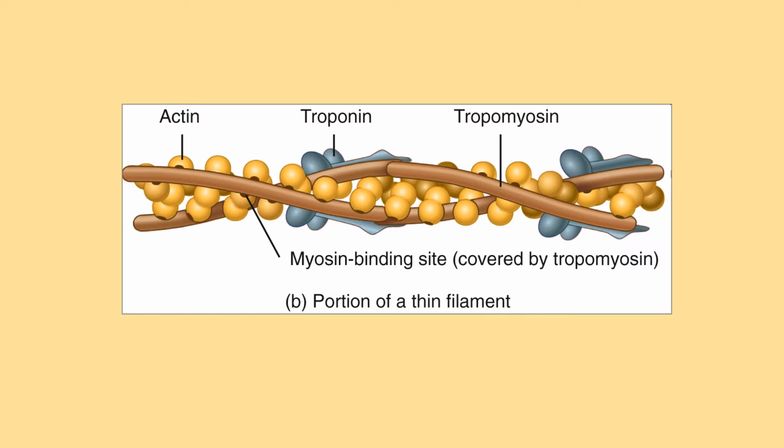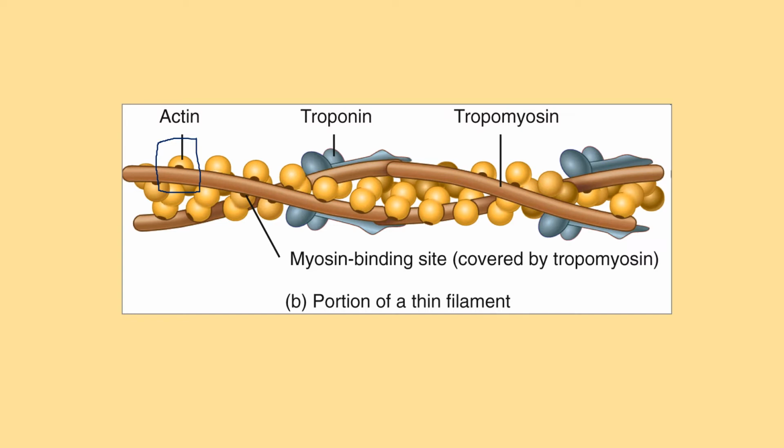An important component of thin filaments is the relationship between tropomyosin and actin. Notice that the tropomyosin is covering up that little brown dot on the actin molecule. That little brown dot is part of the actin molecule, and it's known as the myosin binding site.